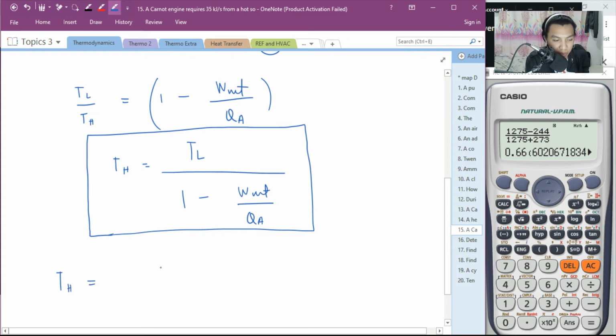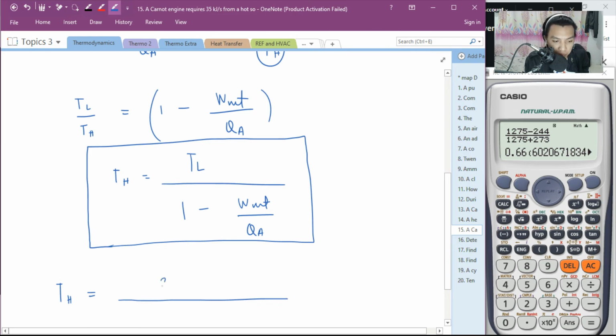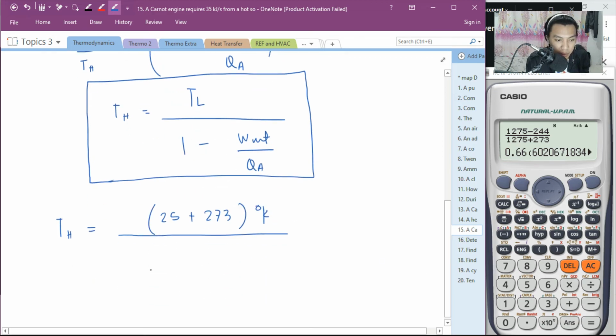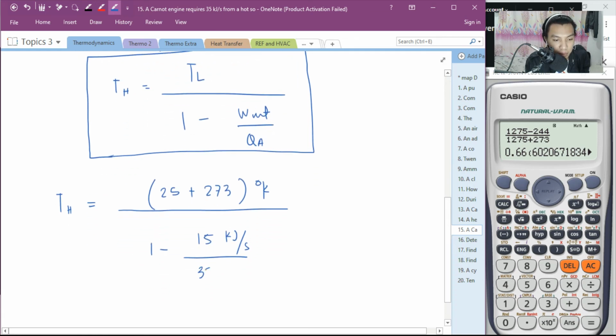So, ganito ang gawin mo. Divide mo, TL. Okay? What is your TL? That is 25 plus 273. Ang lalabas dyan, Kelvin. Tapos, 1 minus work net, yung 15 kilojoule per second, divide by the hot source, 35 kilojoule per second.